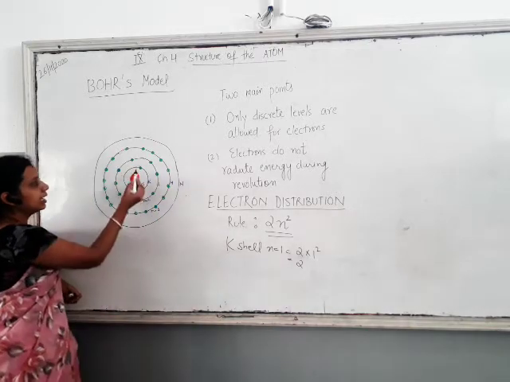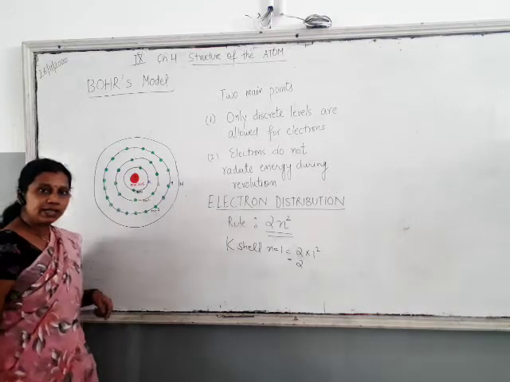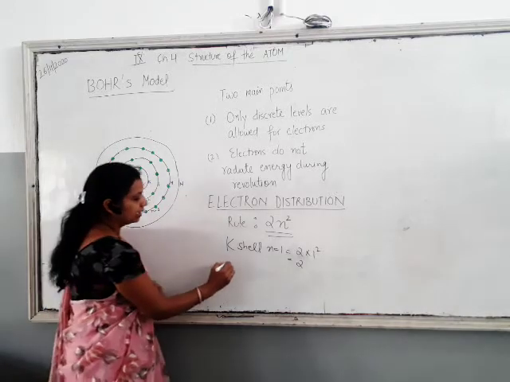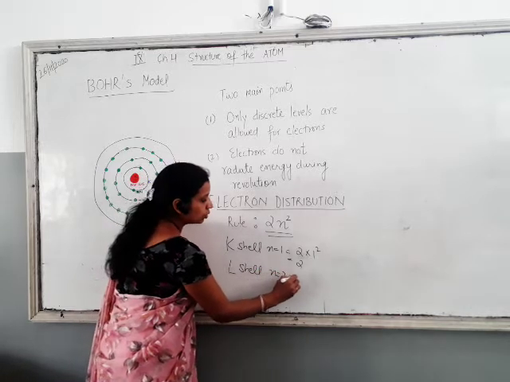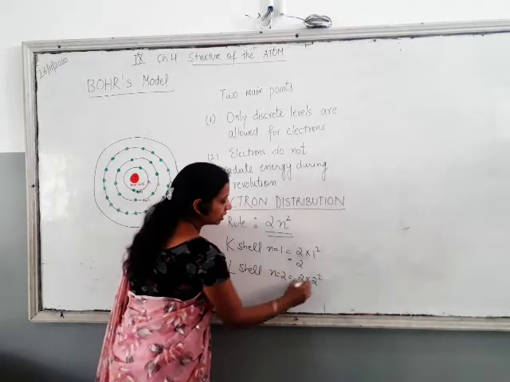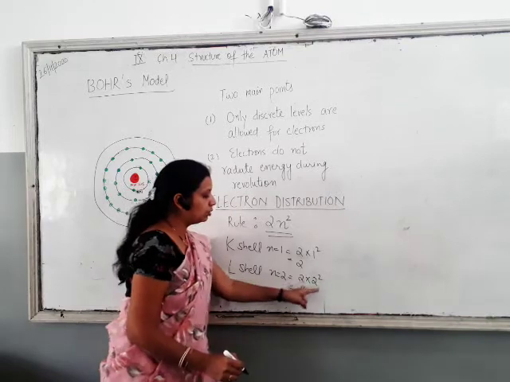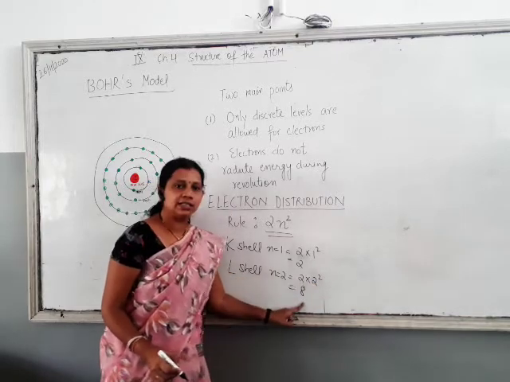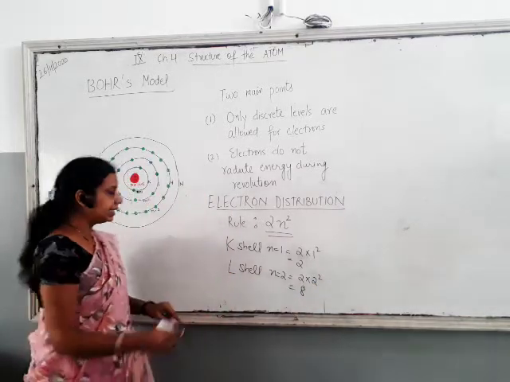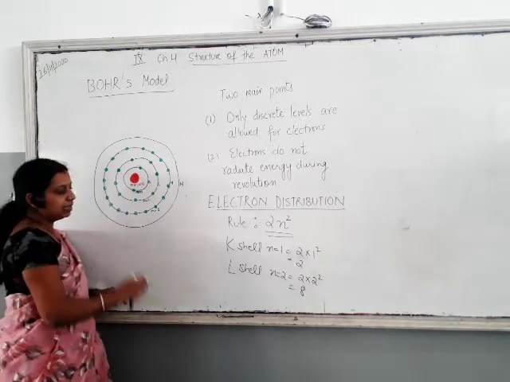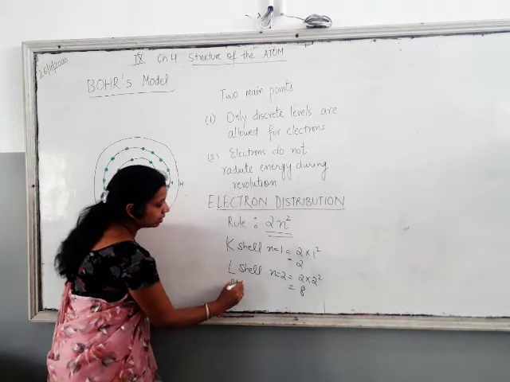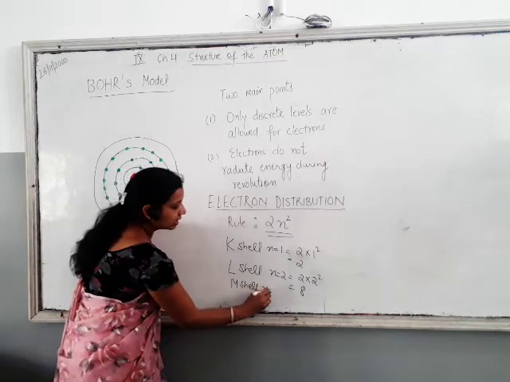So here, if you see, I have made 2 electrons. Similarly, for L shell, n is 2. So 2 into 2 square, that is 2 into 4, which gives you 8. So 8 electrons can exist in L shell, and I have made 8 electrons. Similarly for M shell, n is 3.